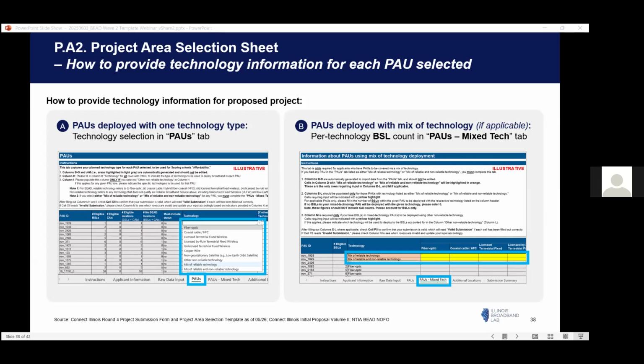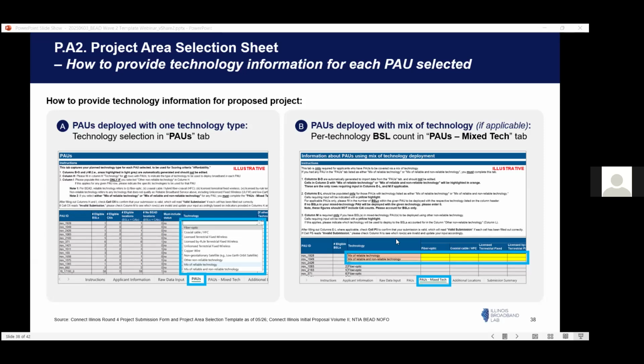So that is the reason we also have another tab for mixed technology. So if it's a larger PAU where the applicant wishes to deploy a mix of technologies, that is something we'll be taking a closer look at as well.